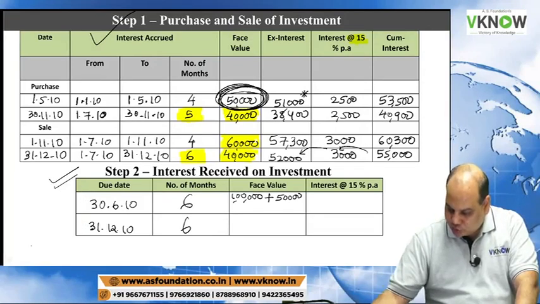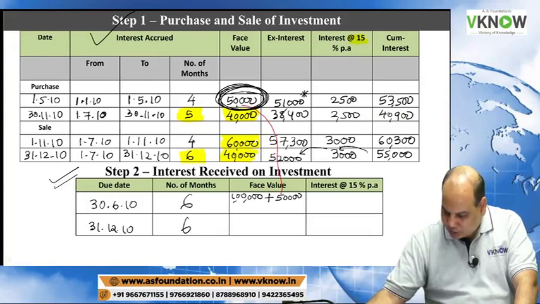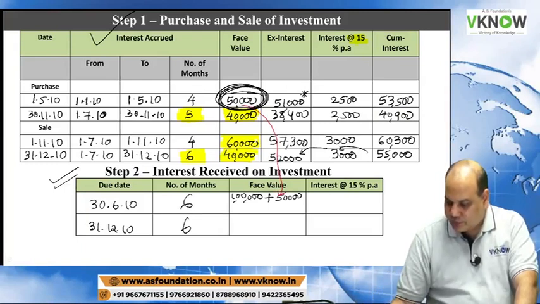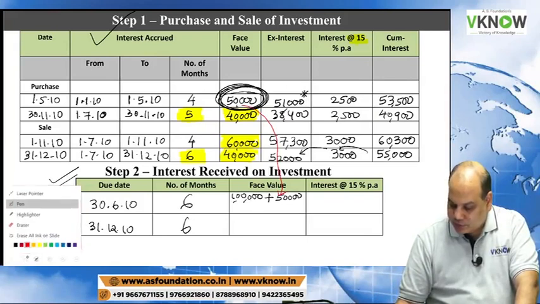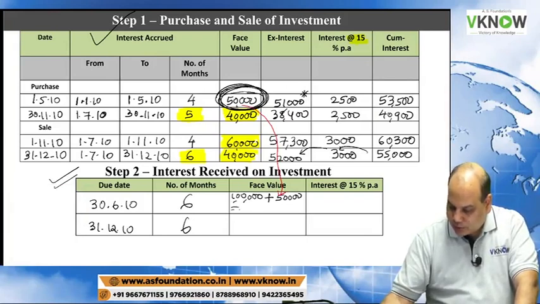So that also I will consider. So I have 1,50,000.